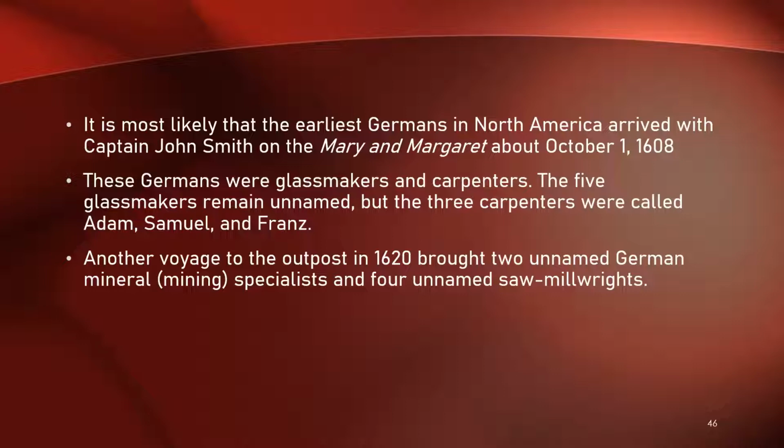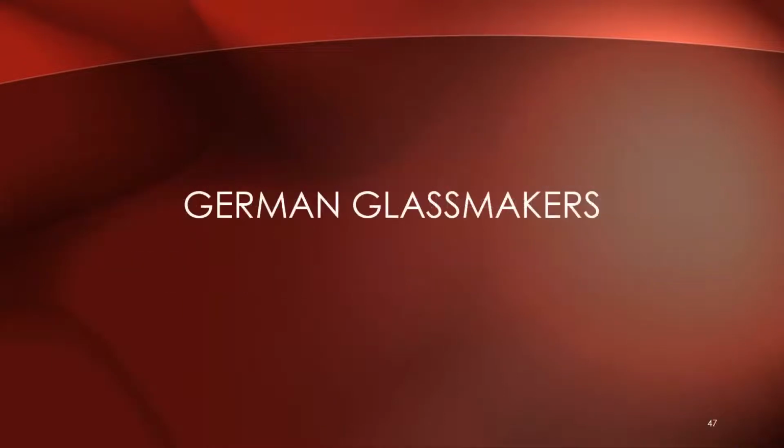The 5 glassmakers remained unnamed, but the 3 carpenters were called Adam, Samuel, and Franz. Another voyage to the outpost in 1620 brought 2 unnamed German mineral, that is mining specialists, and 4 unnamed sawmill rights. Let's talk about the German glassmakers first.